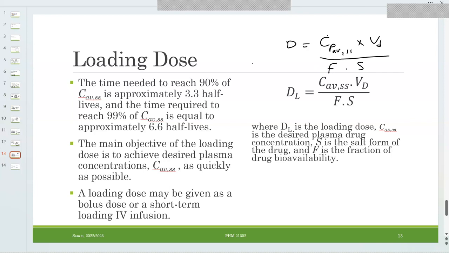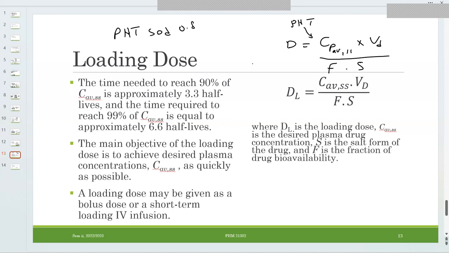Okay, so for example, the concentration is always measured as the parent molecule. For example, you are giving phenytoin sodium. Concentration is measured as only phenytoin, not as phenytoin sodium. So you have to give more phenytoin sodium in order to give the necessary amount of phenytoin that you need.